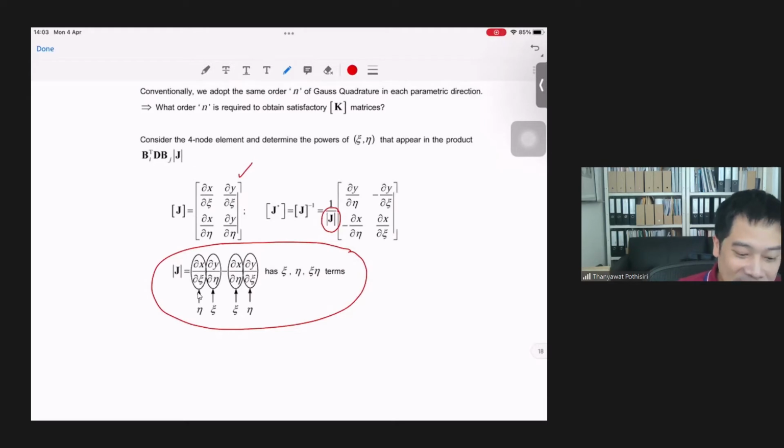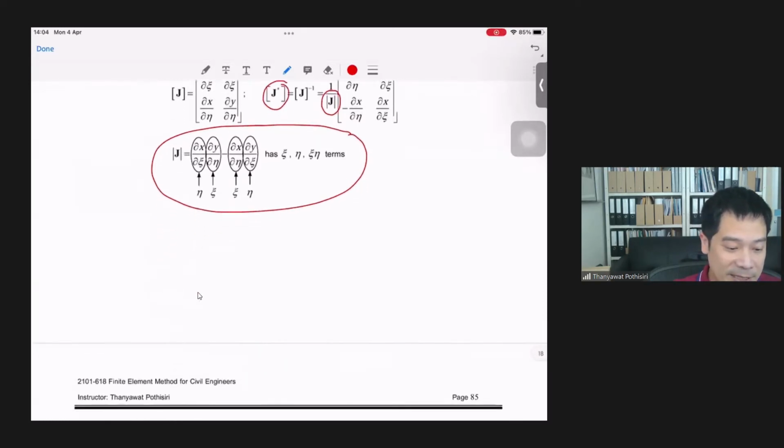So this determinant becomes your denominator inside the J star, or the inverse of the Jacobian matrix.